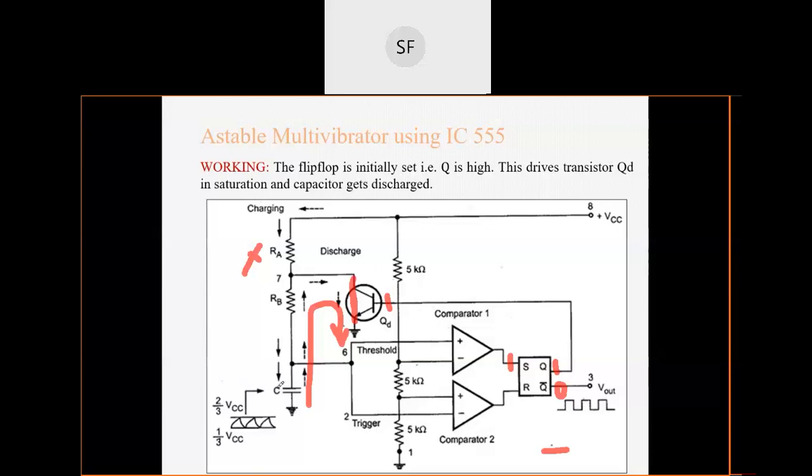That means your discharge time, we will see what is discharge time. That means the time required by capacitor to discharge up to a certain point. So that discharge time is dependent on RB and capacitor C, right? So now what happens once it is starting discharging in this fashion, discharge will be towards 0 volt.